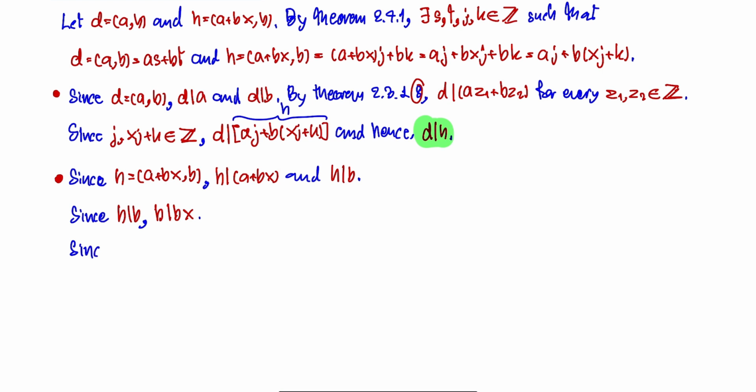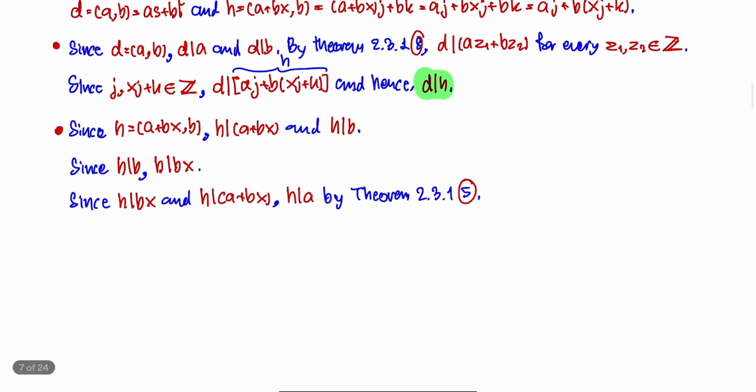Okay, so since H divides BX and H divides A plus BX, H will divide A, by theorem 2.3.1 property number 5. And then what do we have? We have H divides both A and B.